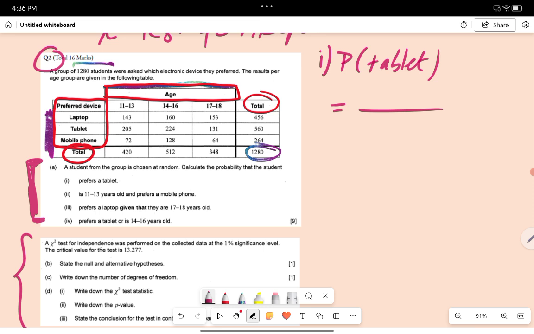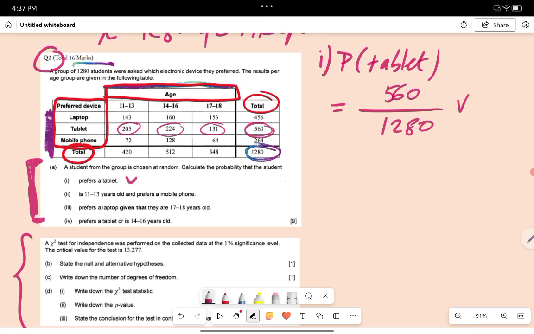So in total, we've got tablet. We've got 205 in age 11 to 13, 224, 14 to 16, and 131. So in total, we've got 560 kids that prefer tablets. And how many do we have in total? We've got 1,280. So this is the probability of preferring a tablet, okay? So that should be your first answer.